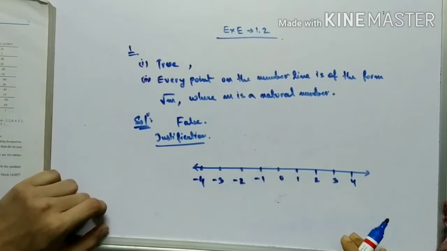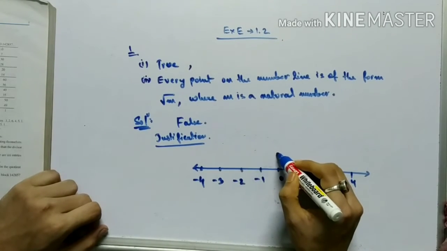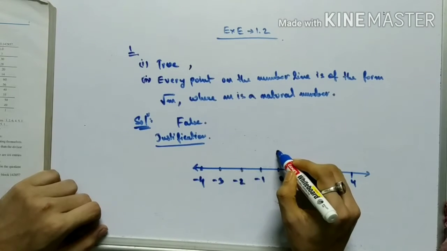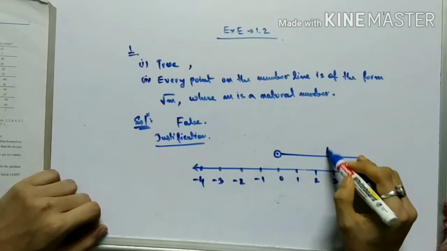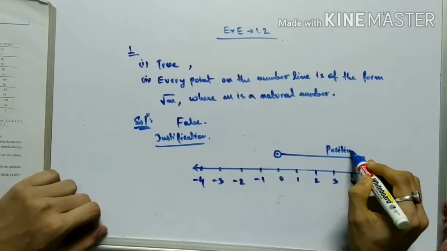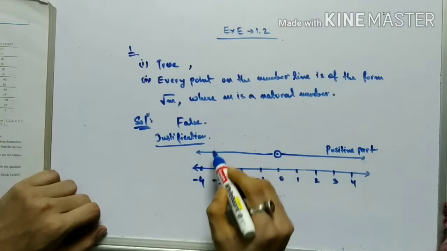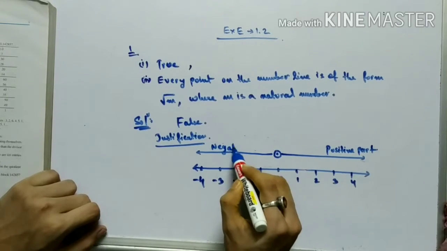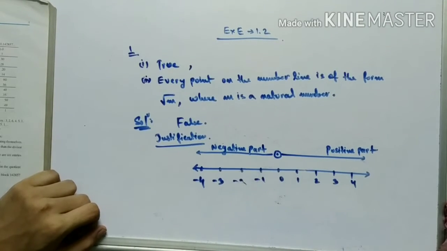And I will give a point above 0, and from this is the positive part, and this is the negative part.